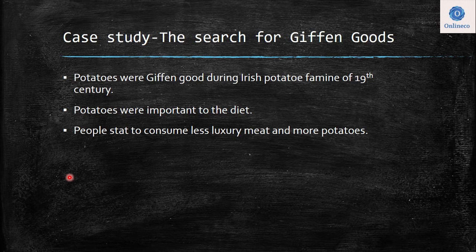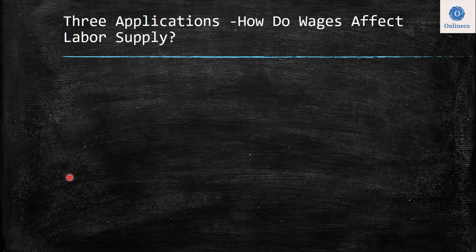So people started to consume less luxury meat and more potatoes, because the meat was really expensive. Now imagine that potatoes are even more expensive. Naturally, even if the price of potatoes increases, you will consume more of them. So it should be the case of a Giffen good.